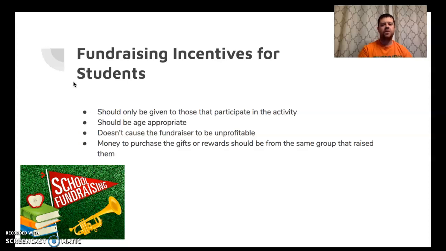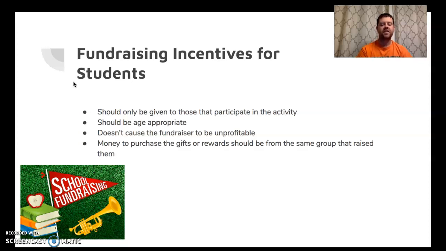Each year our FFA chapter does a fundraiser of selling sites, fruit, and meat, and we set an amount that they have to sell to be able to go on an awards trip. And this year it was 25 items, which would profit our chapter a net profit of somewhere around $150.